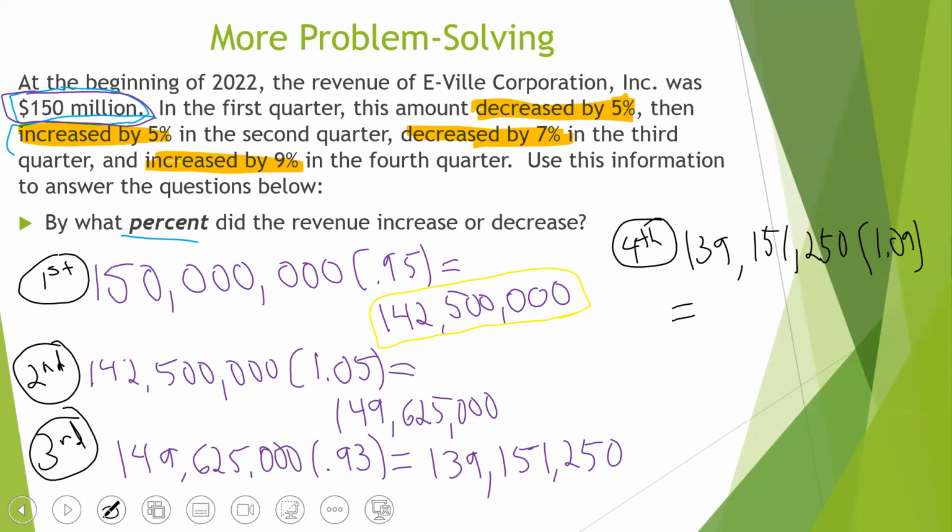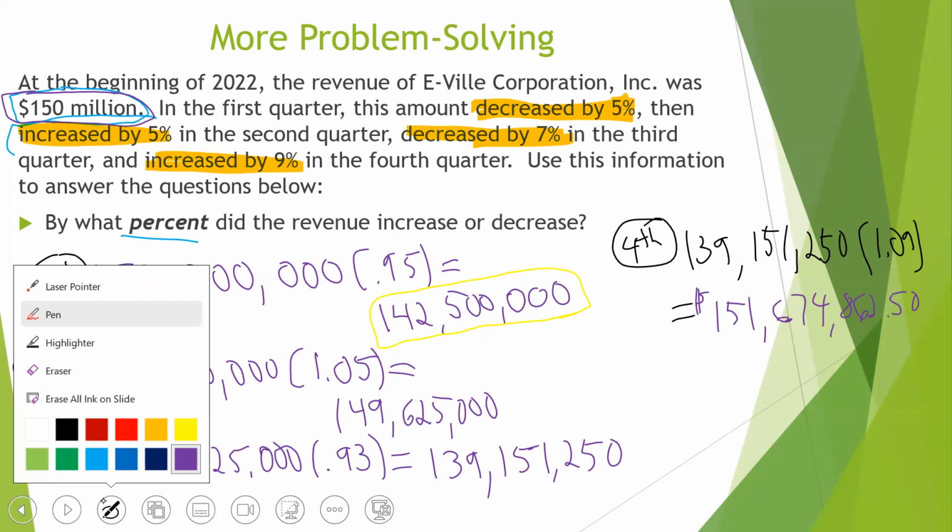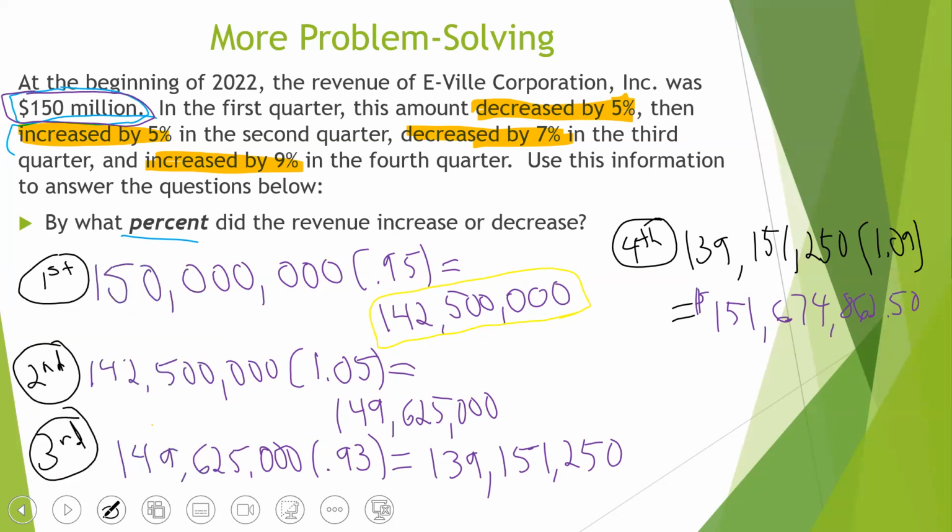If we multiply those two, and I apologize for the changing color there, we end up with 151,674,862.50 as the amount after the fourth quarter. Okay.